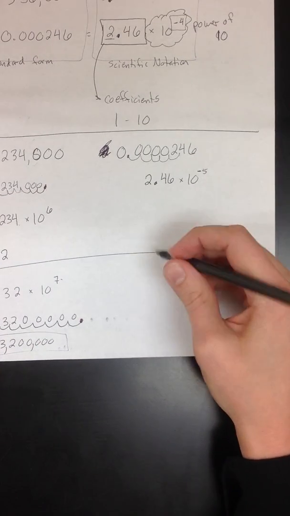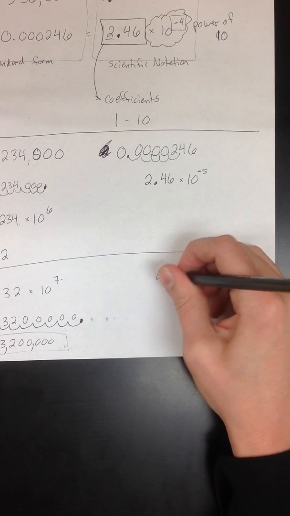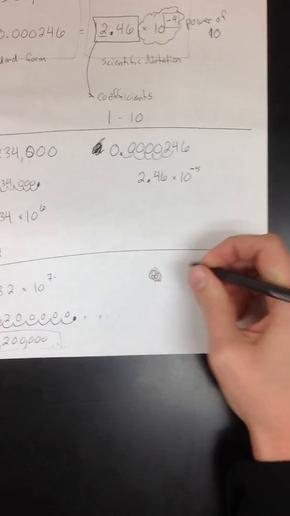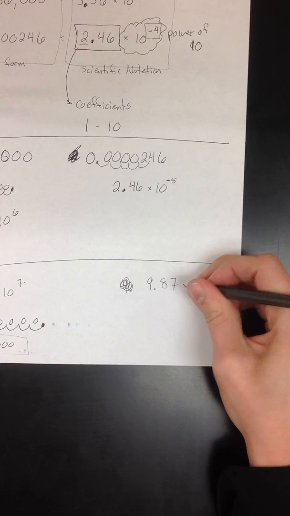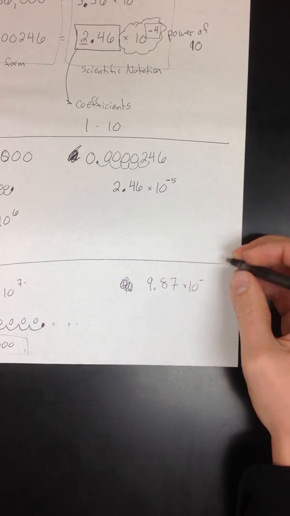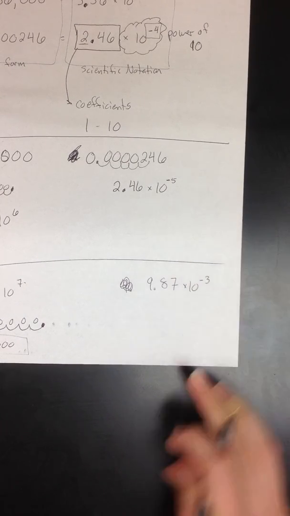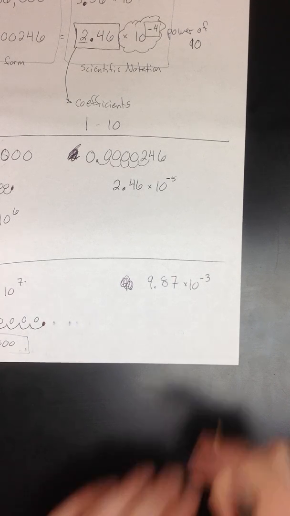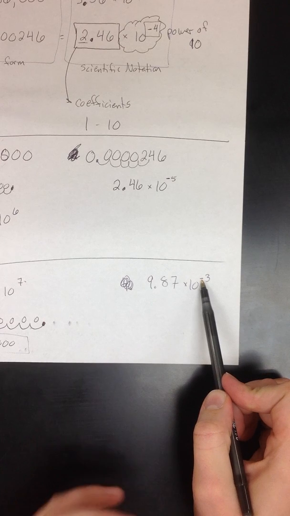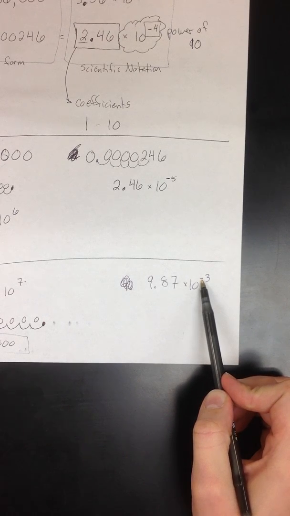If I have 9.87 times 10 to the negative 3rd. Again, that negative means that my standard form is going to be a really small number.